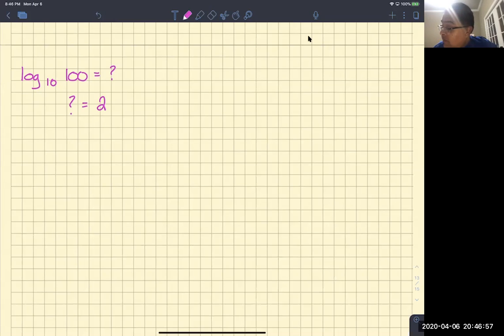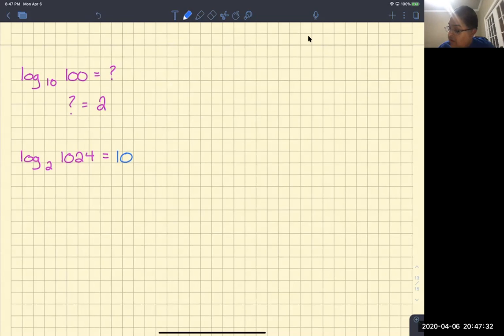A couple more. Okay, let's walk through it again. 2 to what exponent gives me 1024? And the answer is 10.